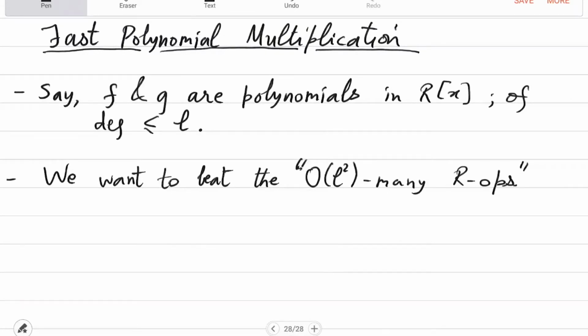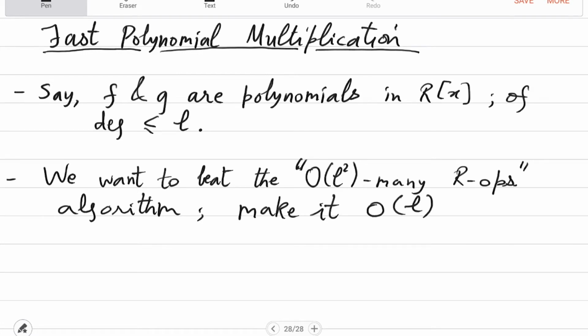So we want to beat this order L square algorithm. Ideally you want to make it order L. That may be impossible, but at this point we don't know whether it's impossible or possible, because the input size is order L, 2L.